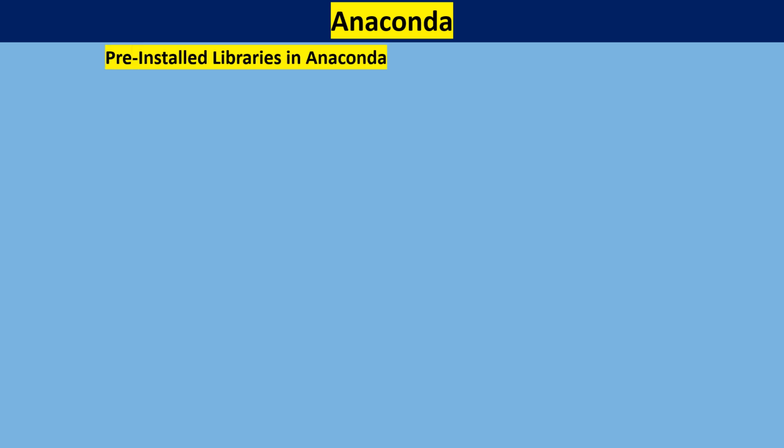Popular libraries in Anaconda: NumPy for numerical computing is optimized for fast mathematical operations on large datasets, making it essential for data science. Pandas for data manipulation. Pandas provides powerful tools for data cleaning, transformation, and analysis.